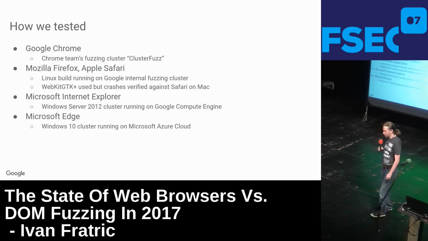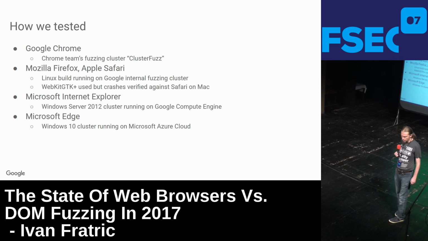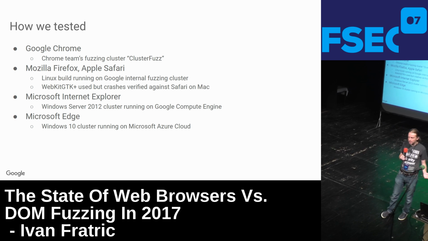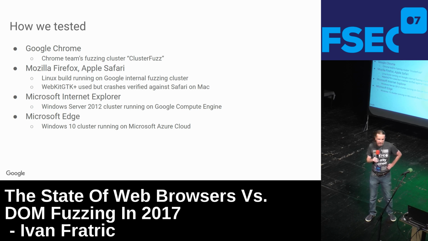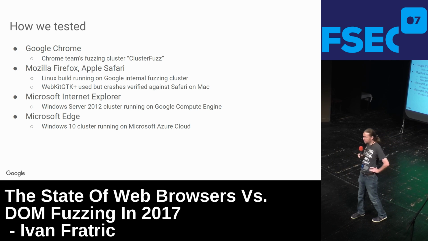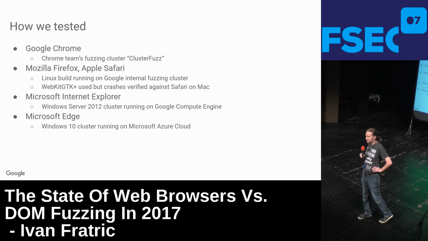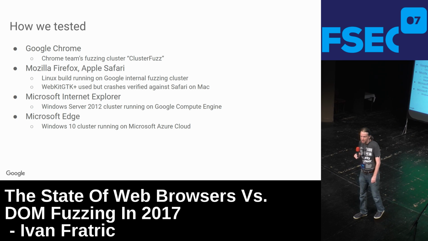IE we fuzzed on Google Compute Engine on a cluster of Windows Server 2012 machines. And Microsoft Edge was kind of the most difficult because we couldn't run it on Google infrastructure, at least not easily, because Edge only runs on Windows 10.